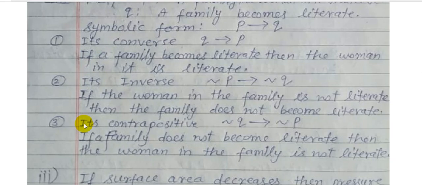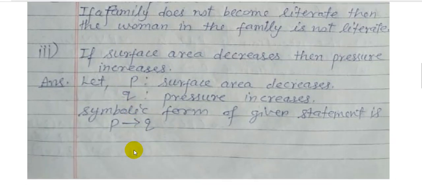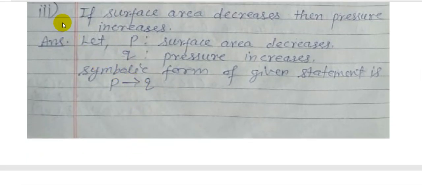This is a very important topic in mathematical logic for any board exam or competitive exam. Now see the third one: if surface area decreases then pressure increases.